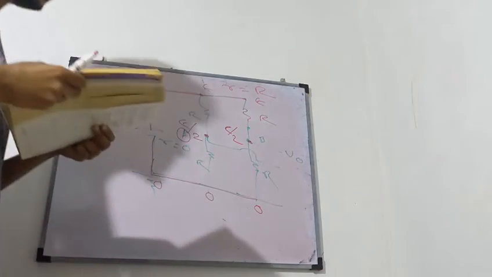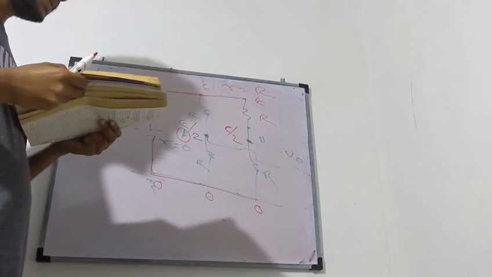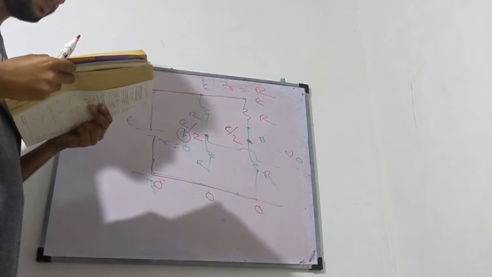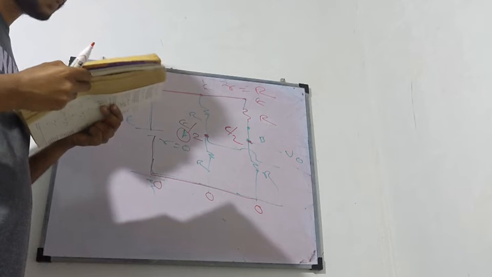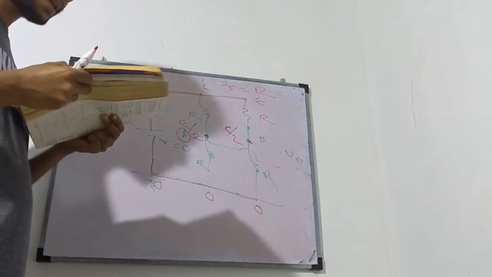Therefore, when simple R is equal to R, the potential difference V0 between the points A and B should be 0. Can you see that?